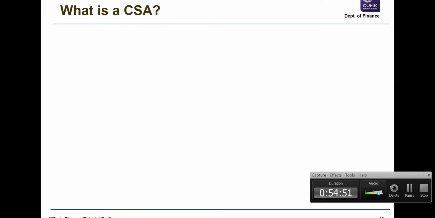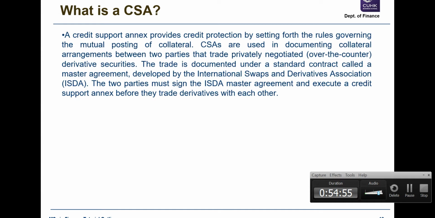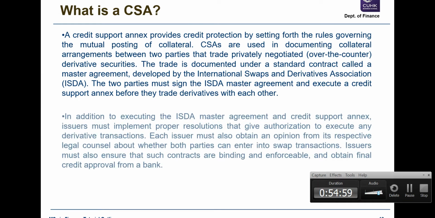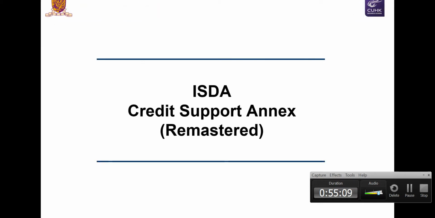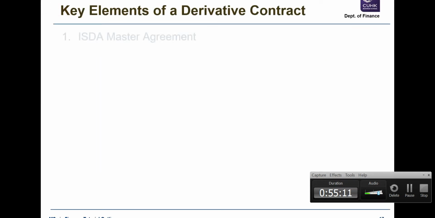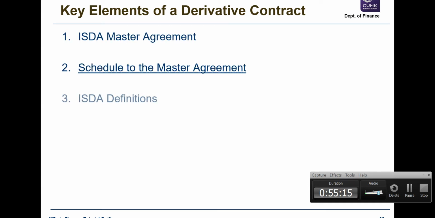But there are some essential terms that you should know. And I might have mentioned to you, I don't want you to read this, that in the old days, when you are negotiating the ISDA, you need certainly 1, 2, 3, and then when you are doing a trade, number 4 will appear.